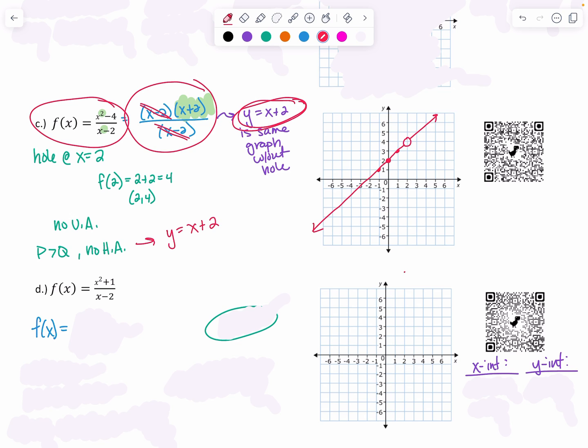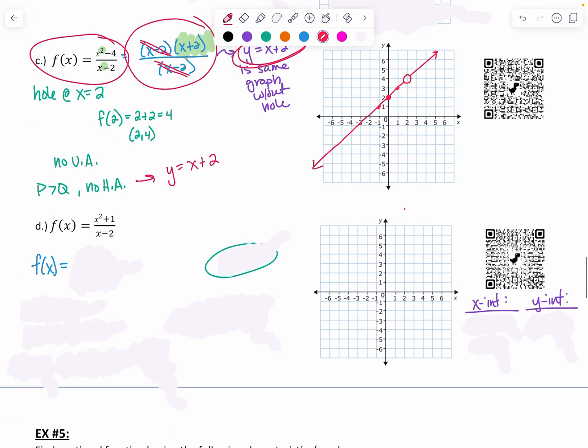The line y equals x plus 2 is the graph of the line without the hole, but I want the graph that has the hole in it because that was my original function. It kind of goes along with that slant asymptote as everything's kind of slanted and it's not going to skew the other direction, right? And so this is the graph of this function, f of x equals (x squared minus 4) over (x minus 2). All right, let's do one more in this video.